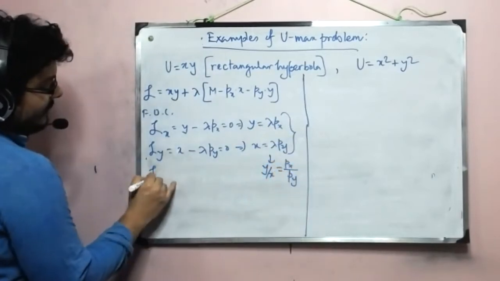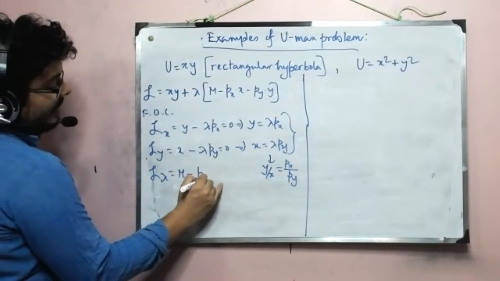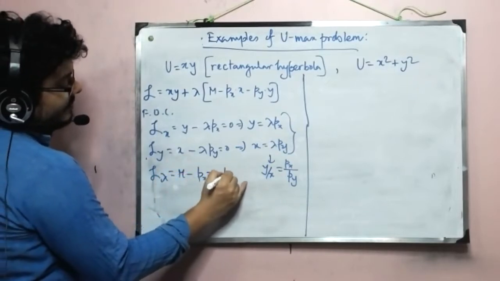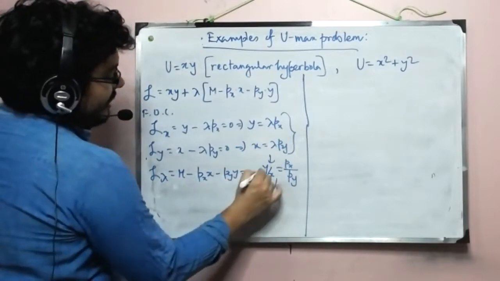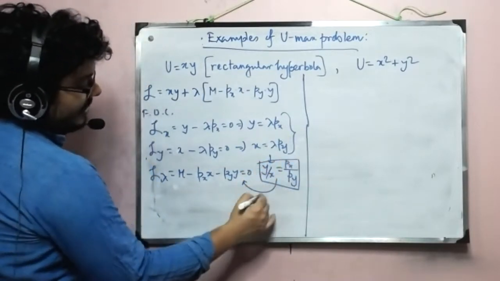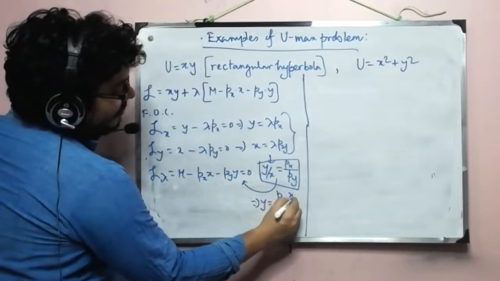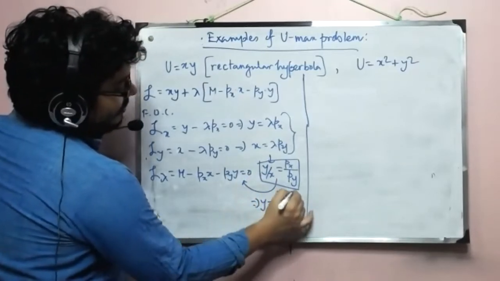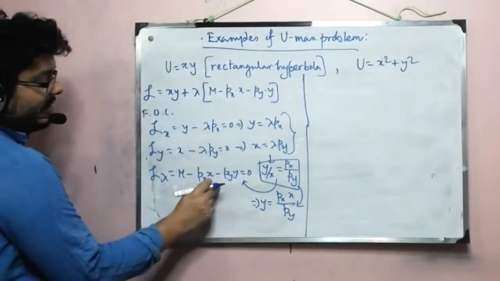Okay, and then we will have L lambda equal to our own budget constraint, so that will be m minus px x minus py y equal to 0, and we will put this condition right here. So here it says that if I change, y will be px x by py.